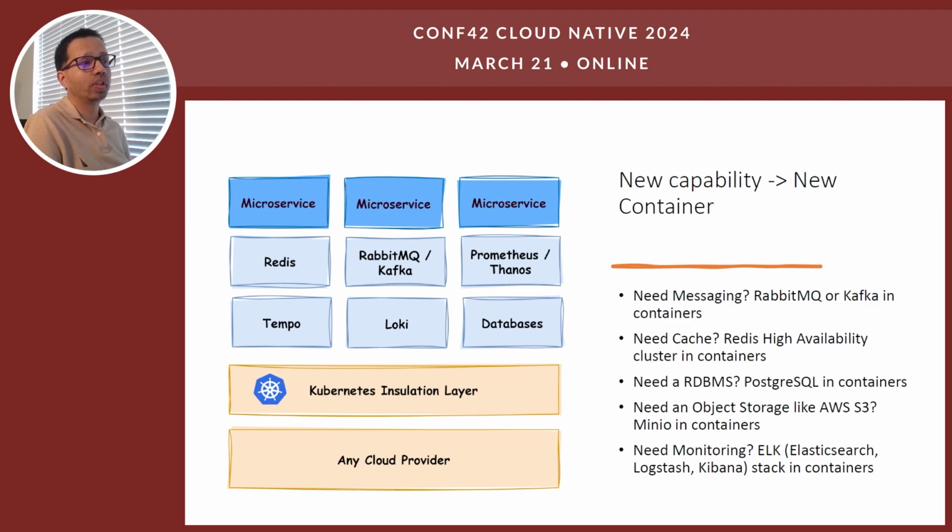You can run PostgreSQL in containers. You need some object storage like AWS S3. We have a solution, MinIO, in containers. You need monitoring. We can add more containers for Elasticsearch, Logstash, and Kibana. So what we are doing exactly, we are adding more and more containers to our solution.